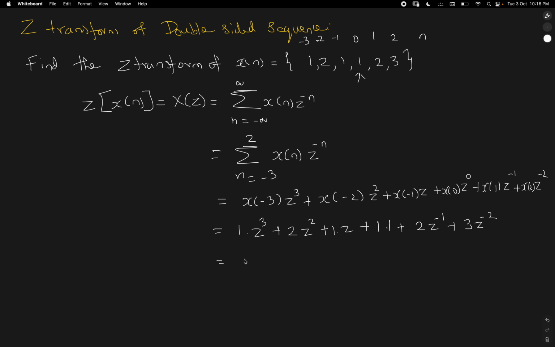So after multiplication it will become Z cube plus 2Z square plus Z plus 1 plus 2Z inverse plus 3Z power minus 2. So this is the Z transform of x of n, which is nothing but x of z.